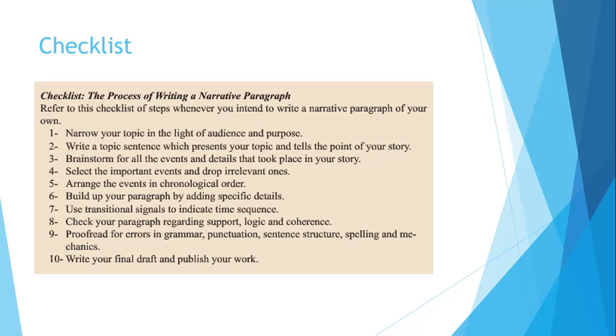Then I check my paragraph for support, logic and coherence, okay? Then at the end, I proofread for errors, for sure in the grammar, punctuation, sentence structure, spelling, and mechanics. And I write my final draft and publish my work.